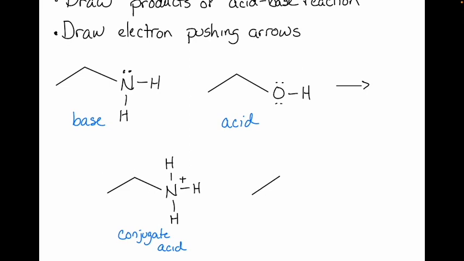And then I'm going to draw in my conjugate base. That's going to be my acid, but now deprotonated, where that hydrogen is replaced by a lone pair, and the charge decreased by 1.